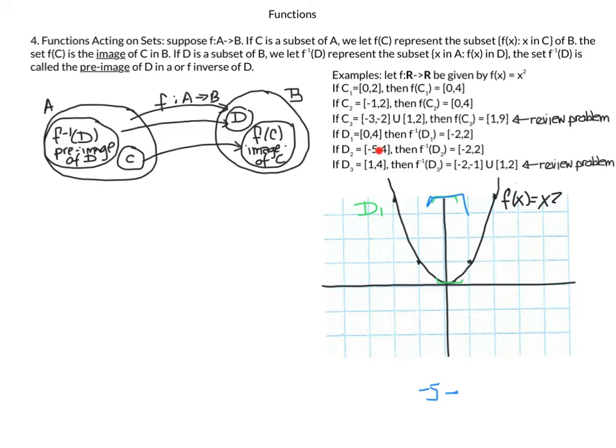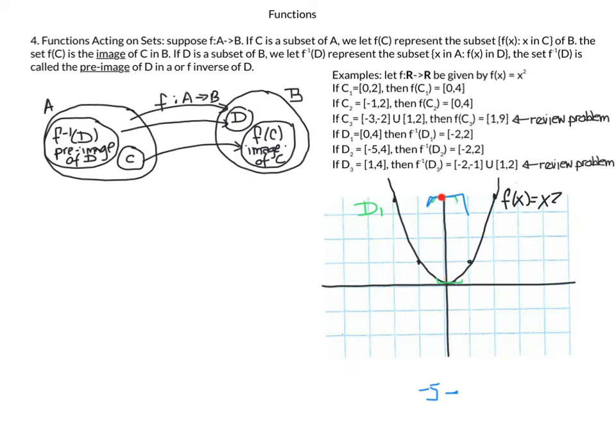Next, if we want to look at D, our values are -5 to 4. I had to extend my y-axis here. So what values of x will give us y values between -5 and 4? Actually, no value of x gives us any negative values, so we're stuck above the axis.